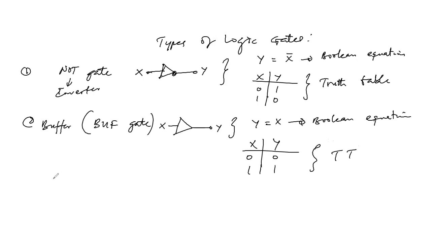Then we also have the AND gate, right? The AND gate. So usually we have 2 or more inputs.